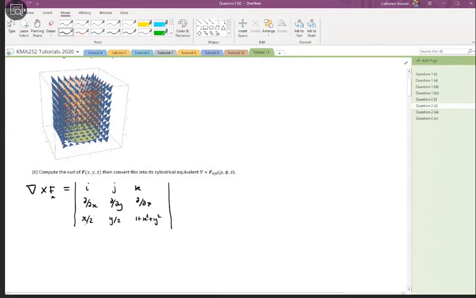So for the first one, differentiate 1 plus x squared plus y squared with respect to y. I get 2y i because the other term has no z. And then if I do minus, and we differentiate the same thing with respect to x, I get 2x. Again, the other one has no z. And then when we do the last one, this term has no x, this term has no y, so it's just 0k.